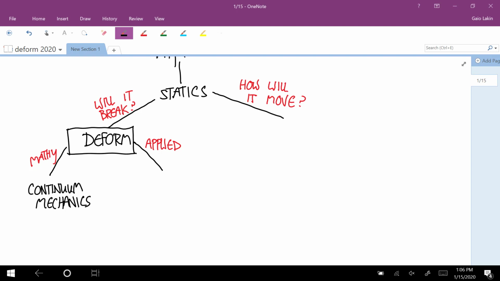But no companies tend to hire people to do hand calculations of continuum mechanics. So for practical, complicated applications of the kind of things we're going to do in this class, people use finite element analysis, which is a computer approach where instead of doing the math of continuous bodies, you break up the body into a lot of little pieces and then do the simple calculations on the little pieces and let the computer fit all those simple calculations together, make all the boundaries match up.